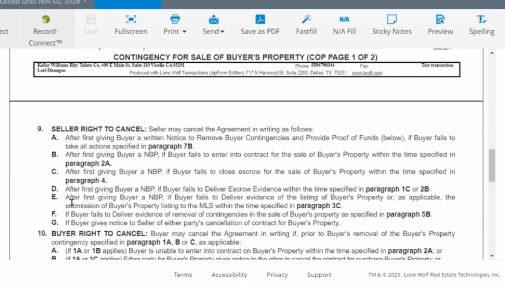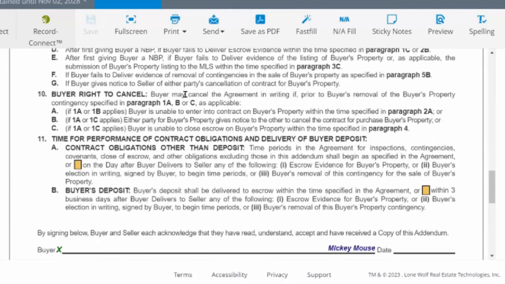Now, under a normal transaction, a seller cannot cancel an agreement, right? And so if you use this form, it gives the seller a little bit more power than what they normally have. So if your buyer is technically able to buy the next property without selling their existing one, then you might consider doing it without using this form. Of course, there's risks either way with that.